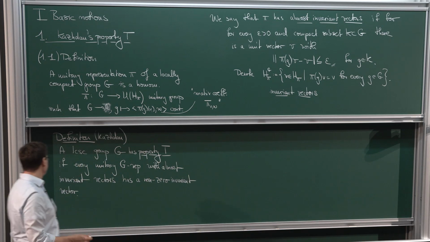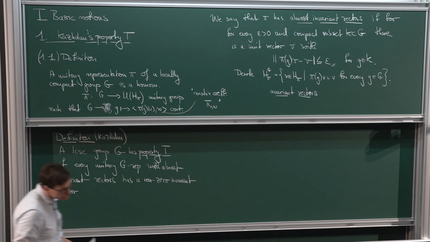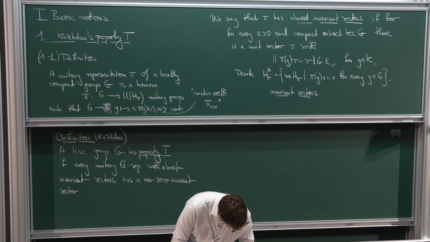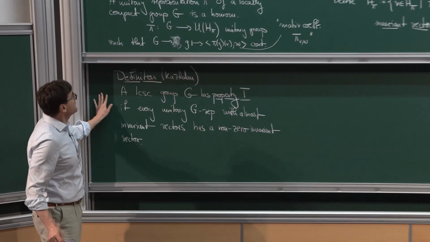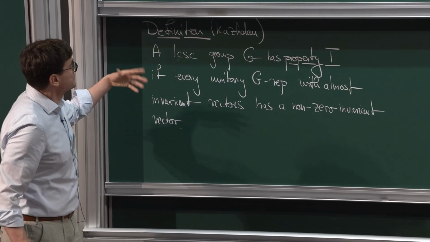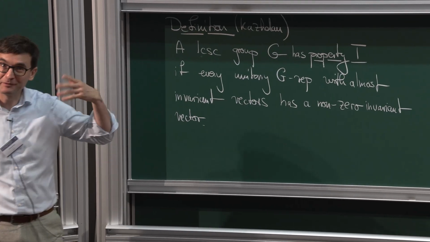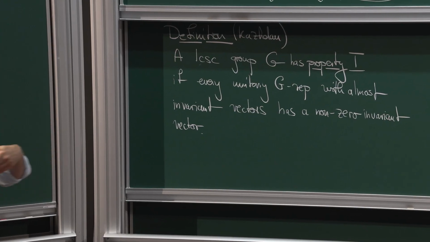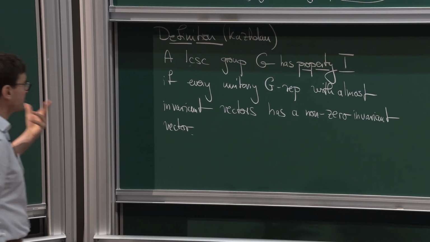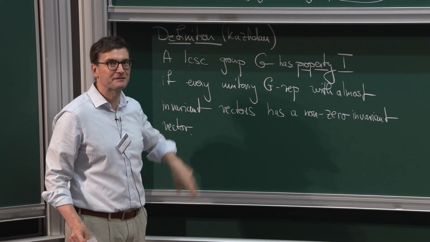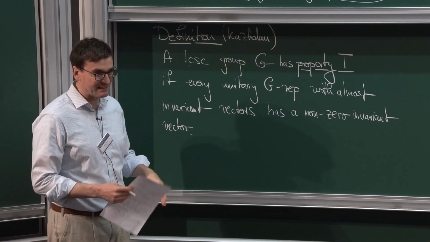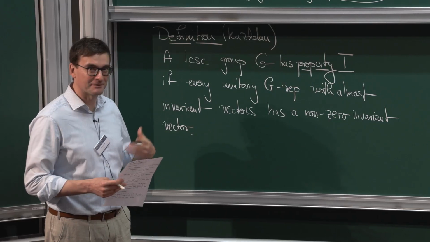Right. So of course, when you introduce a property, you want to provide examples. We will provide examples. We will actually, in the course of the proof, not today, give a proof that a certain group has property T. But this is a property where it's much easier to give non-examples than examples, because every example is already a theorem.